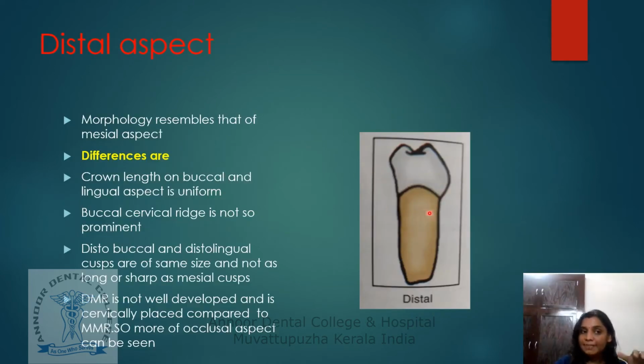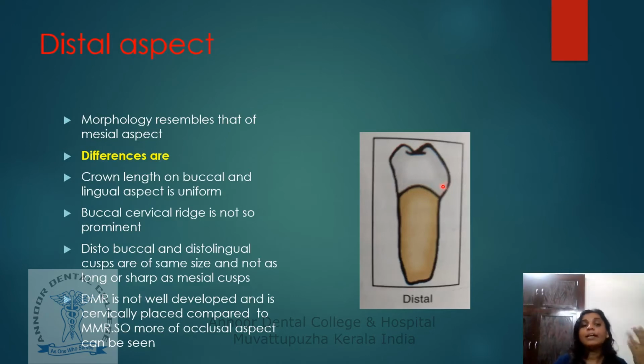The morphology of the distal aspect resembles that of the mesial aspect, but we can find some differences. The crown length on the buccal and lingual aspects is uniform. Also, the buccal cervical ridge is not as prominent as that of the mesial aspect.